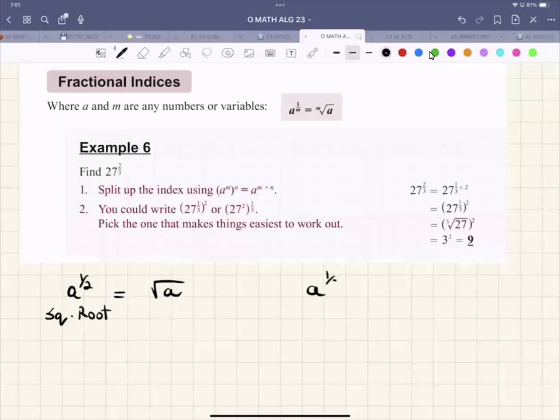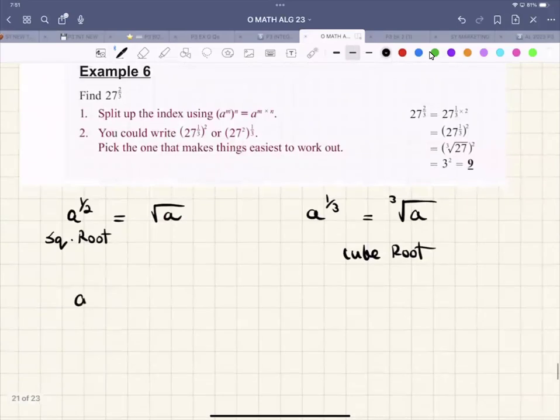A raised to power of 1/3, that is the cube root. And a raised to power of 1 over n, that's the nth root. So that is a, and n goes over here.